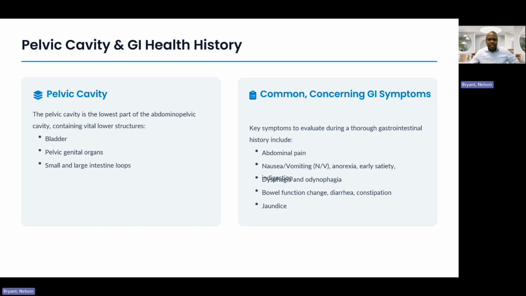So the pelvic cavity acts as a protective basin of the urinary bladder, the genital organs, and intestinal loops. When assessing this area, pay close attention to concerning GI symptoms. Indications include, like I mentioned, abdominal pain, nausea, vomiting, loss of appetite, and those are also most common.